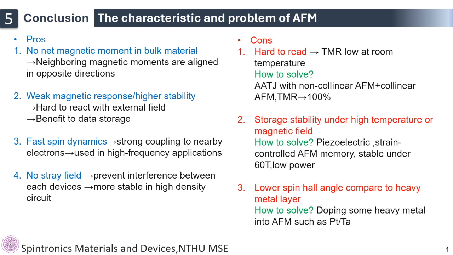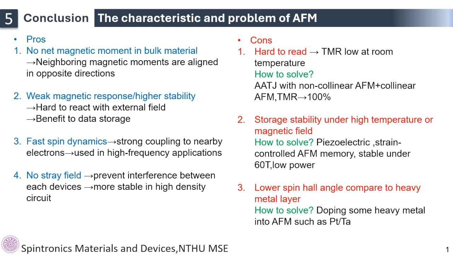Second, AFM have weak response to magnetic fields, which gives better stability when a field exists, making it easier to keep their state stable, which is helpful for data storage. Third, AFM has fast spin dynamics due to the strong coupling between moments inside, and this characteristic can be used in high-frequency devices.